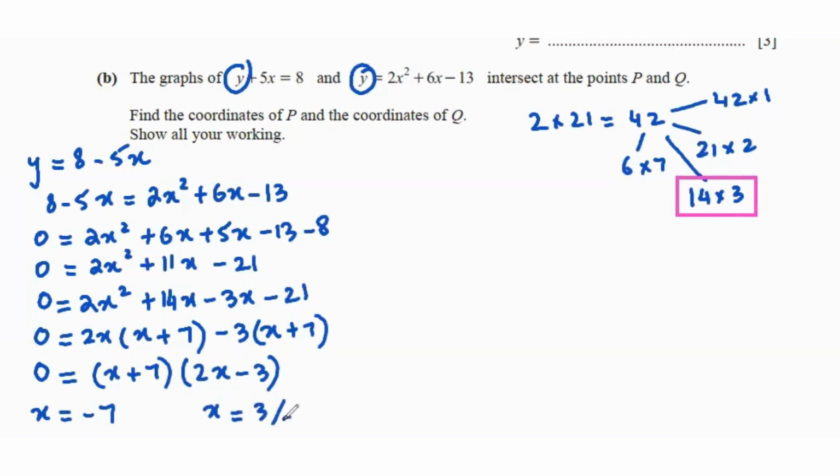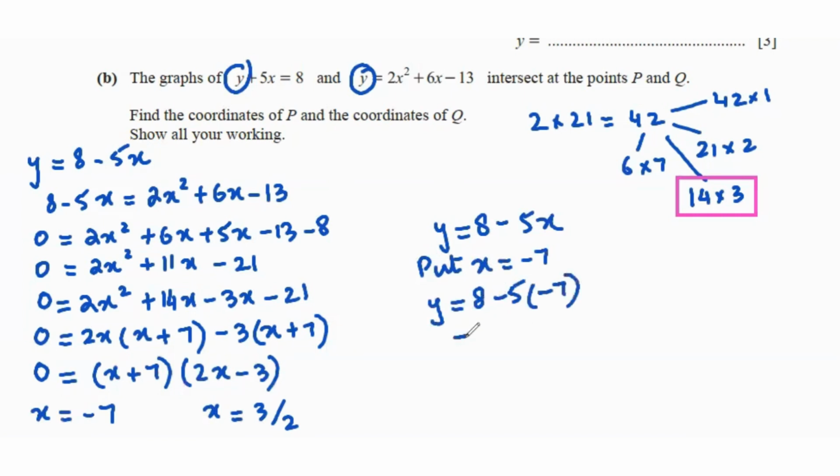3 by 2. Now to find the corresponding y values, I'm going to use y equals 8 minus 5x. When we put x equals -7, we get 8 minus 5 times -7, which is 8 plus 35, and that equals 43.